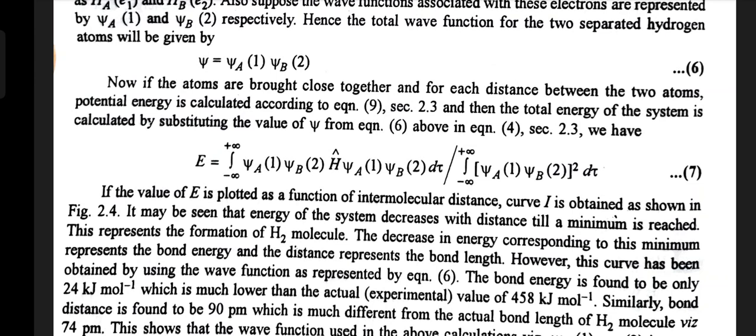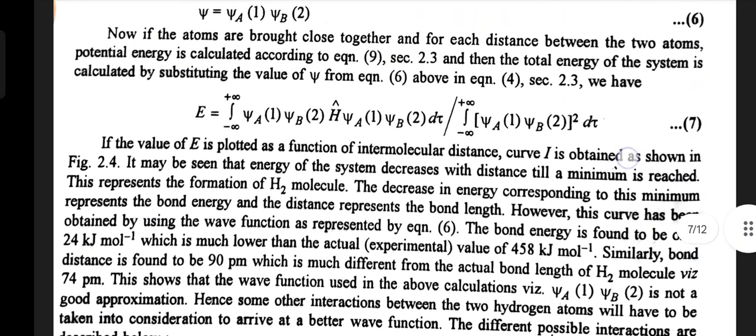We have E equals the integral from minus infinity to plus infinity of psi A1 psi B2 H cap psi A1 psi B2 d tau, divided by the integral from minus infinity to plus infinity of psi A1 psi B2 squared d tau. This is the required seventh equation.